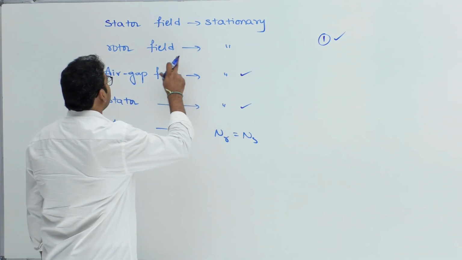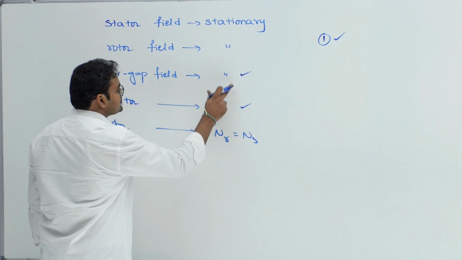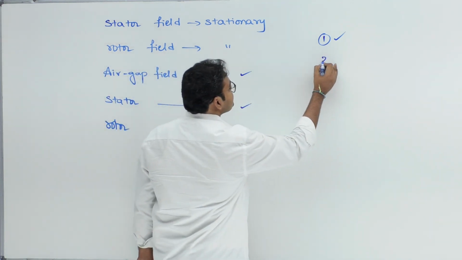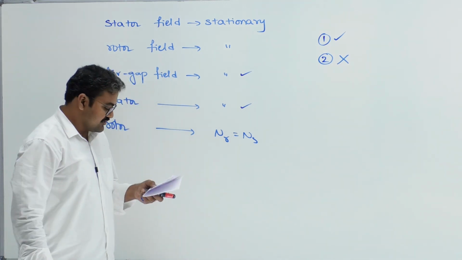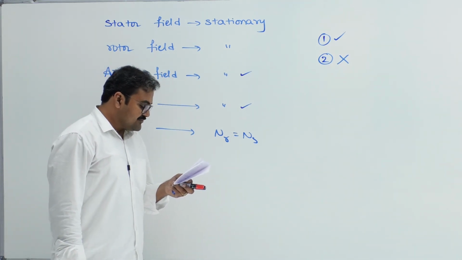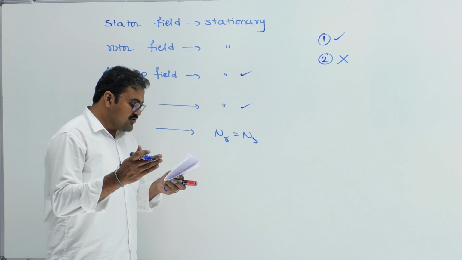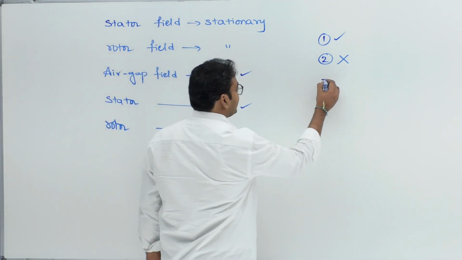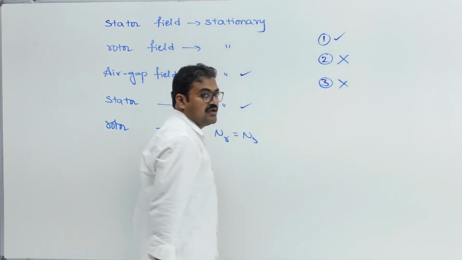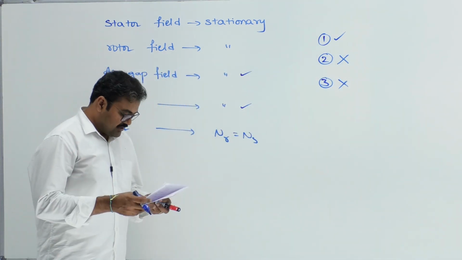That is wrong. Air gap field and stator both are stationary, but in the second statement they said synchronous speed. Therefore, the second statement is wrong. Third statement, rotating at synchronous speed in the direction of rotor rotation, that is also wrong. It is not at all rotating. First of all, air gap field is stationary.